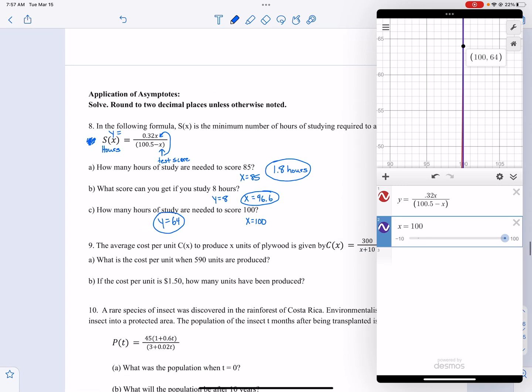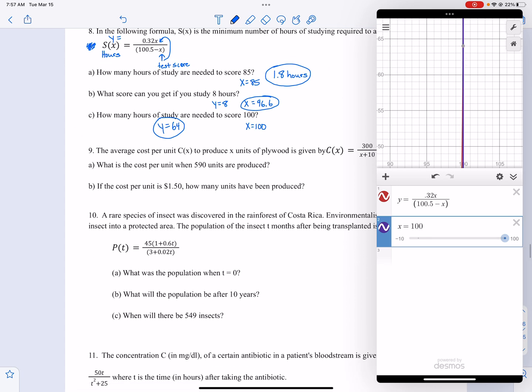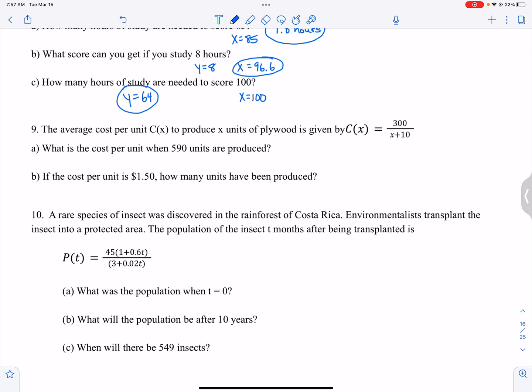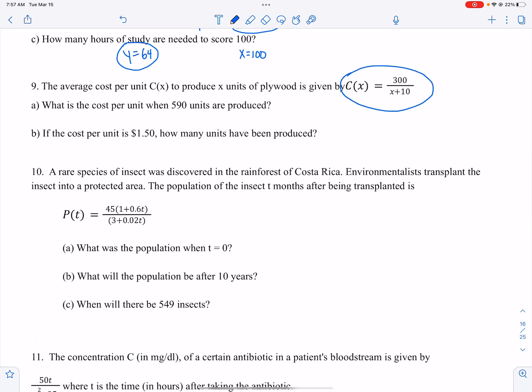So for each one of these problems, start by deciding what is your x and what is your y. Type the function into Desmos, so you can just type in y equals 300 over x plus 10. Then I can see it says average cost is your c of x. So that's your cost, that's like your y.